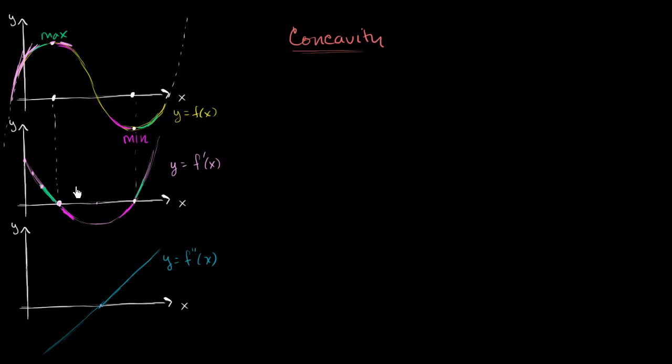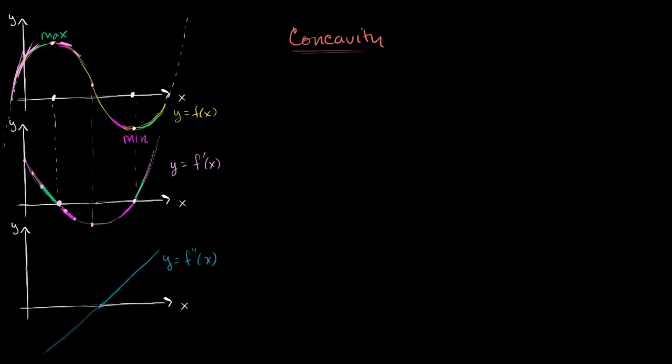Now it becomes slightly negative, then it becomes even more negative, and then it stops decreasing right around there. So the slope stops decreasing right around there, and you see that in the derivative. The slope is decreasing until that point, and then it starts to increase.